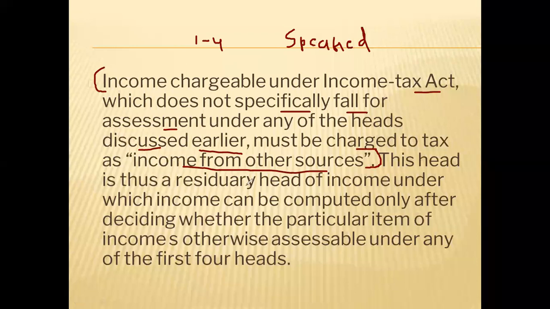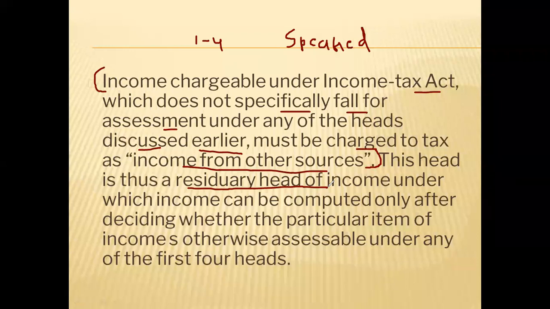So income from other sources is a residuary head of income. Those incomes which cannot fall under the preceding four heads will fall under the residuary head, that is income from other sources. Clear? So to charge an income under income from other sources, first you should analyze whether that income will go under the first four heads. If that income is specifically charged under a specific head, then you cannot put it under income from other sources.